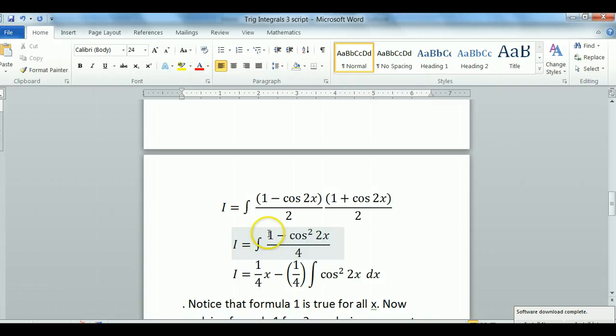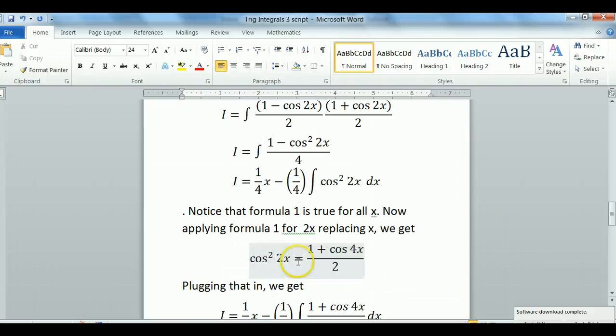Once again, you can separate the 1/4 and integrate that one to get 1/4 x. You're left with minus 1/4 integral of cosine squared 2x, and the 1/4 goes outside.